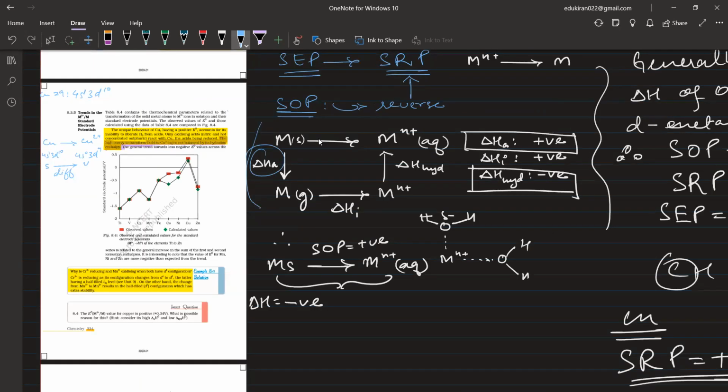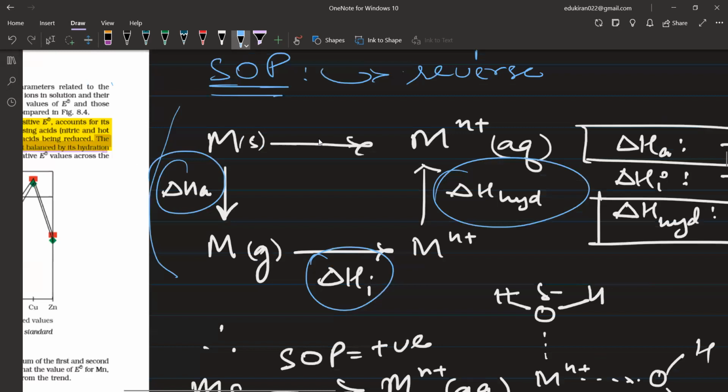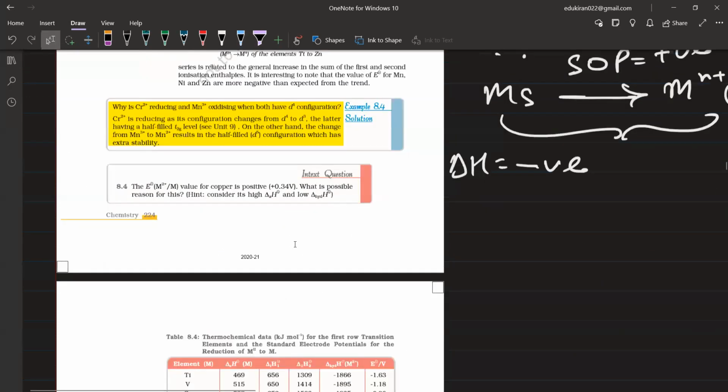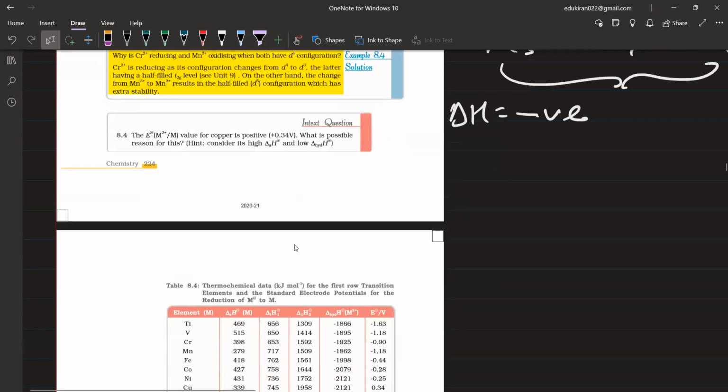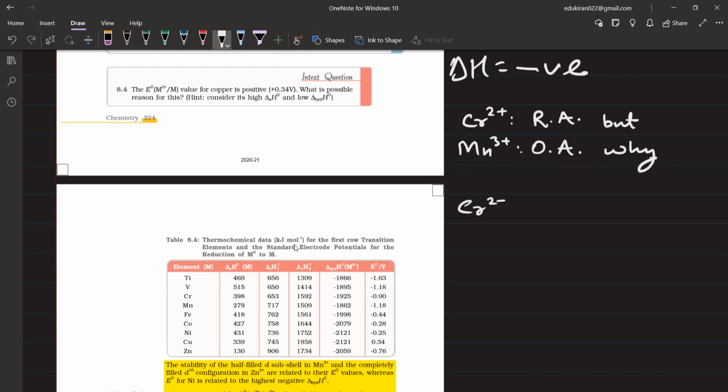Atomization, ionization and hydration are the three things that dictate the standard electrode potential. अच्छा, अभी तक हम copper to copper 2+ की बात कर रहे थे. यहाँ पे देखिए एक बहुत अच्छा सवाल है: Cr2+ is reducing, but Mn3+ is oxidizing agent. Why?